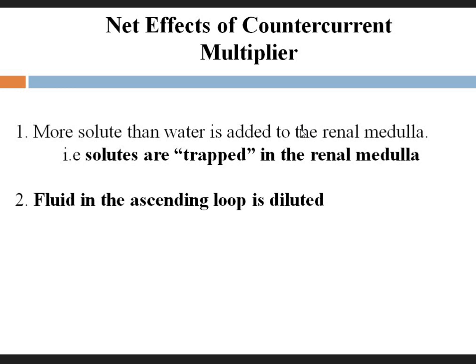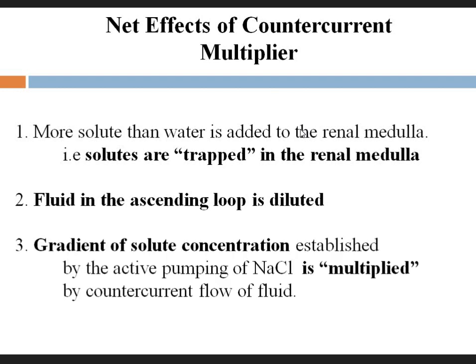The fluid which is passing out from the ascending limb is diluted, isn't it? Because all the solutes are being reabsorbed. So whatever fluid is now exiting the ascending limb and going to the DCT is now diluted. And the gradient of solute concentration, which is established by the active pumping of NaCl, that is the single effect, is now multiplied by the countercurrent flow of fluid.